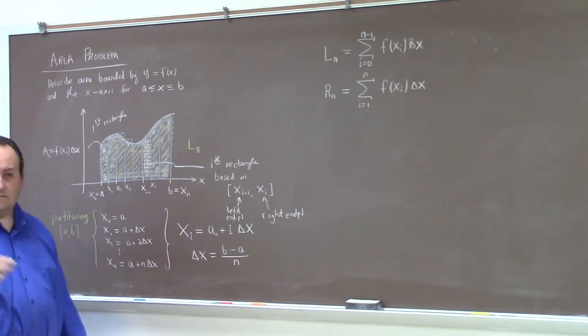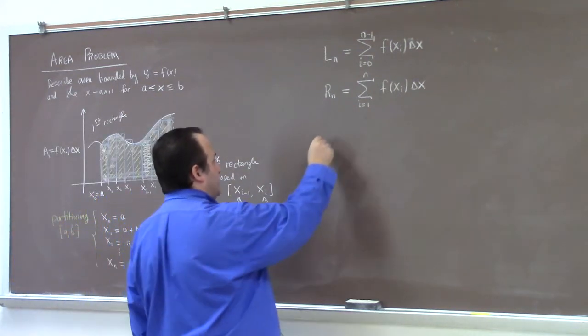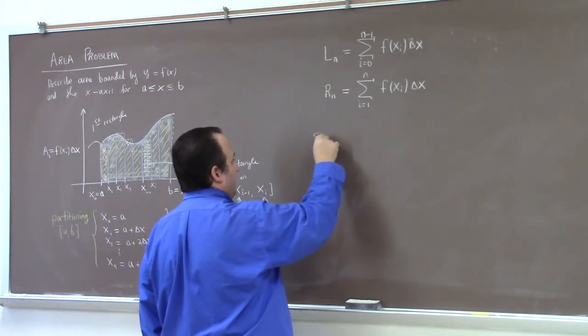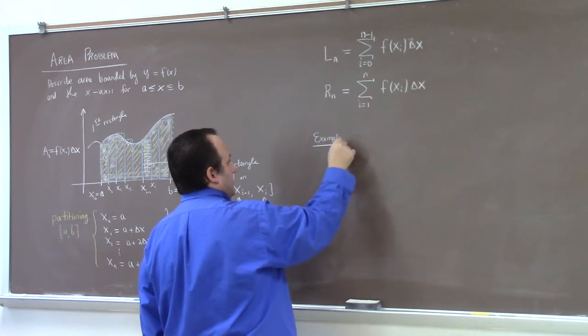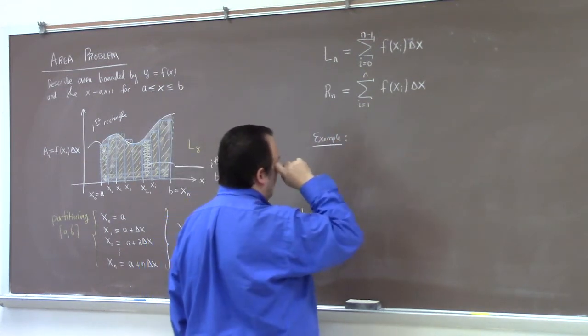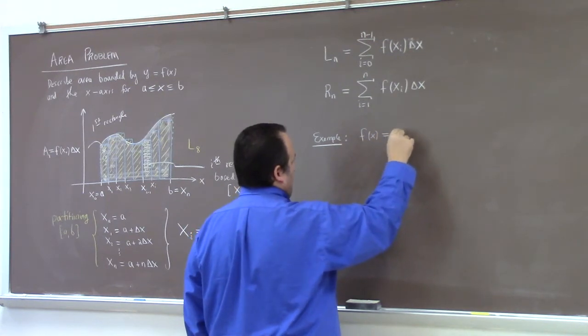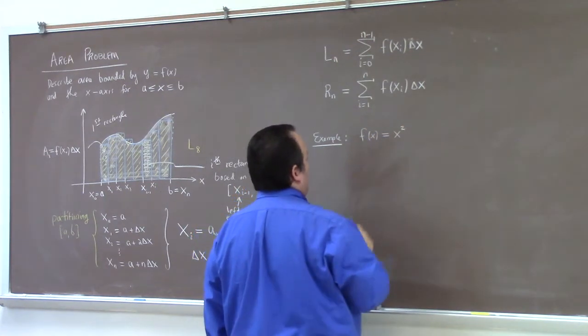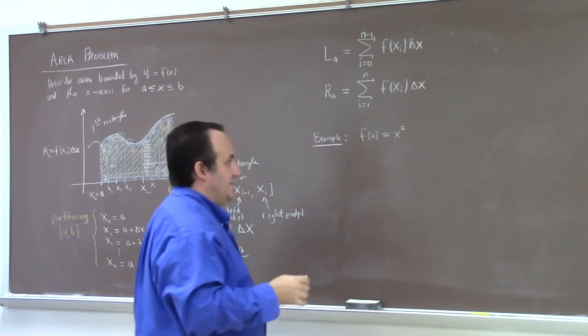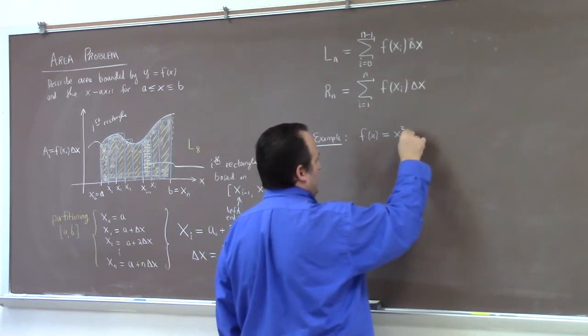So here, let me actually work out an example by hand. We'll do something relatively simple, something like f of x equals x squared? That's pretty easy. I'll make it a little bit more complicated: x squared plus 1.